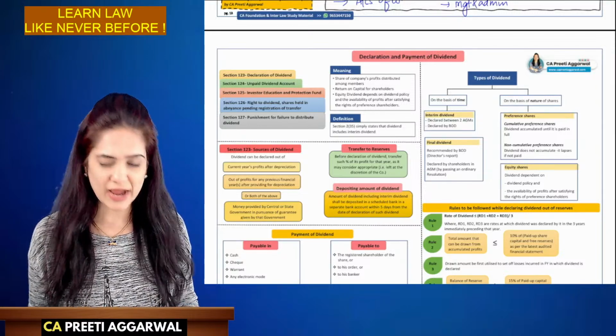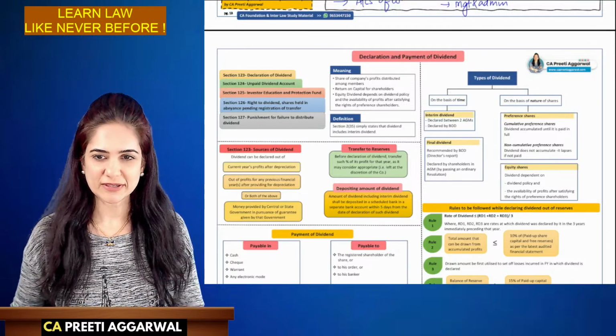So, declaration and payment of dividend.